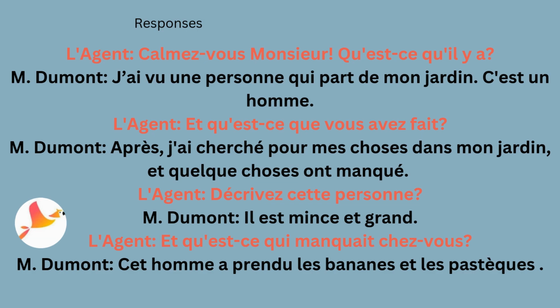Now, when l'agent says, "Et qu'est-ce qui manquait chez vous?" What's missing? What are you missing? Or what has been stolen in this context? And so Monsieur Dumont is saying, the man took bananas and watermelons.